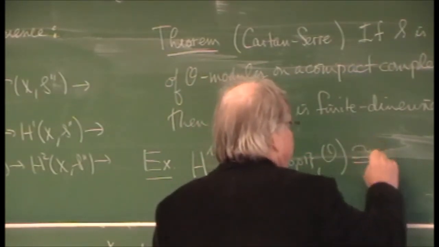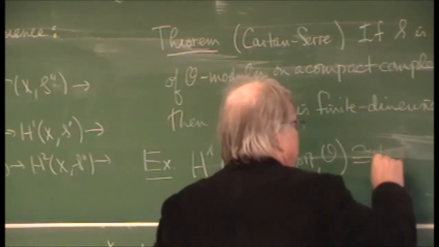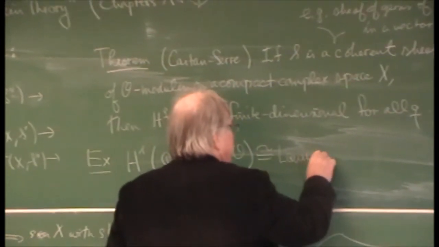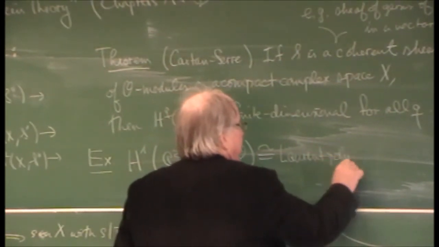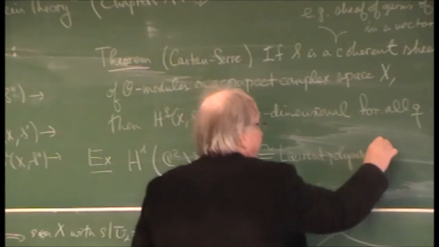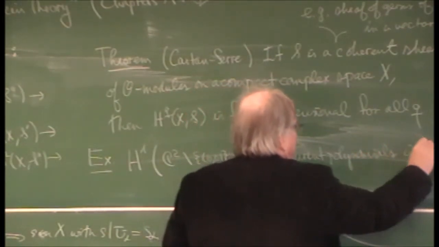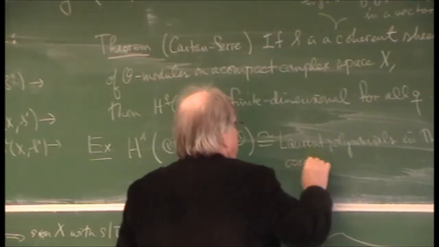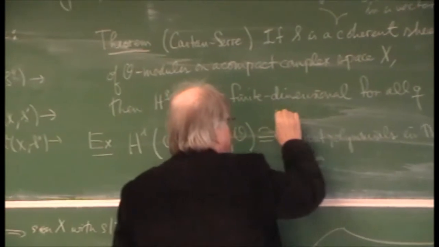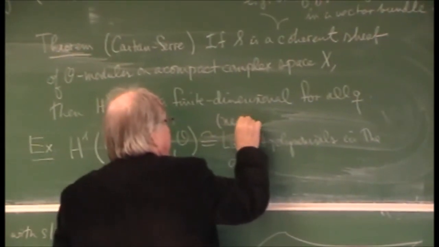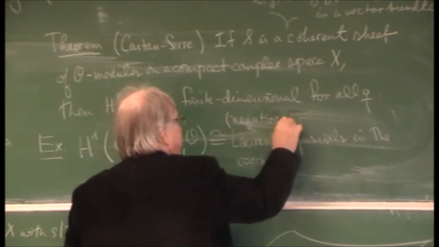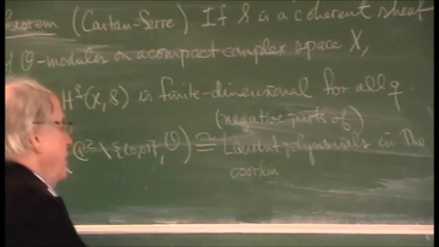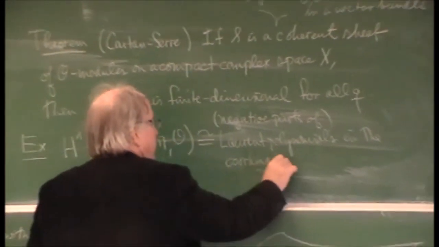H1 is naturally isomorphic to Laurent series, Laurent polynomials in the coordinates. So let me just put the negative parts of Laurent polynomials in the coordinates. So this is highly infinite dimensional.